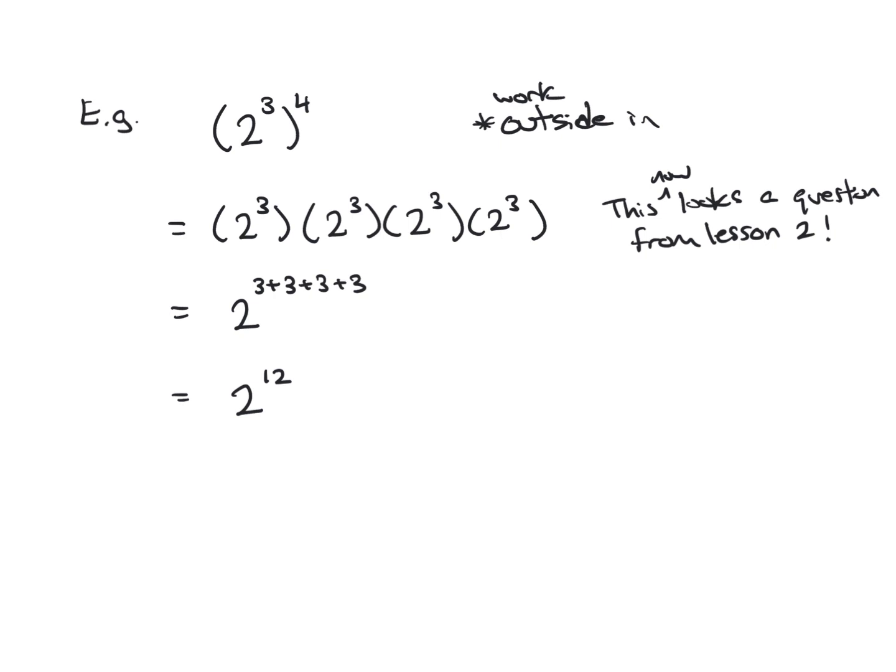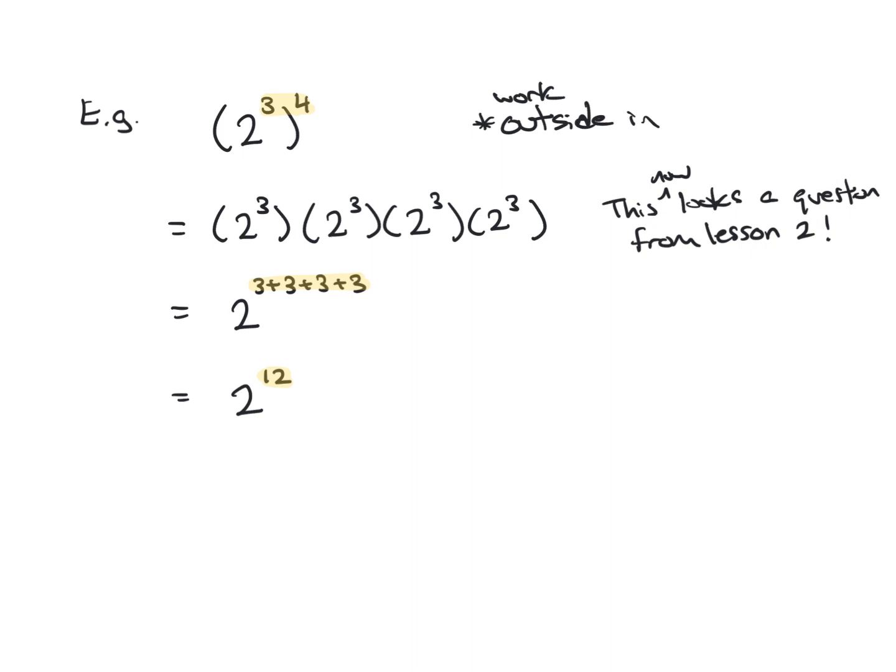Is there a shorter way to get to this simplification? So let's see if you notice anything between the numbers at the start in terms of the exponents and the number at the end in terms of the exponent. Is there any kind of relationship you see between those numbers? Well, if you don't spot it, perhaps also look at the second last line here. Look at those exponents: 3 plus 3 plus 3 plus 3.